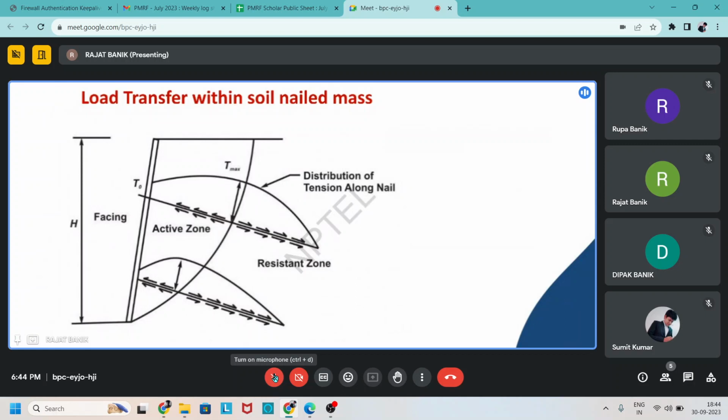When we insert the nail into the ground, shear force is developed due to the movement of the nail. The direction of the shear force in the active zone is towards the wall face or nail face, but in the resistive zone it is opposite, that means outwards from the wall face.